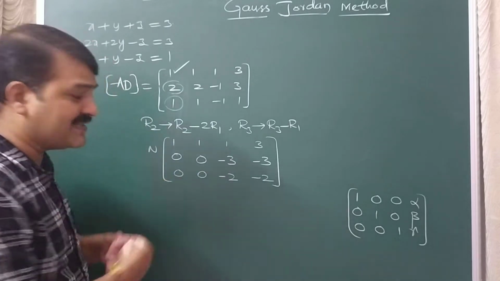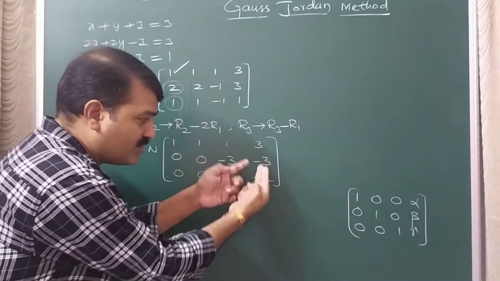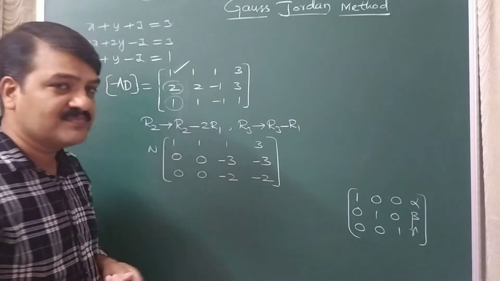And here we have that. The elements of these two rows are in the same ratio. You can see clearly 3:2, 3:2.